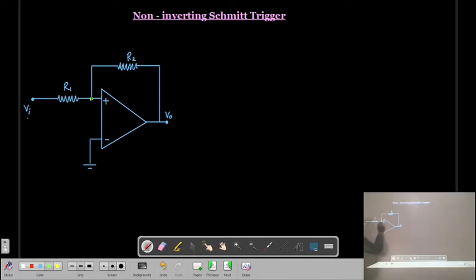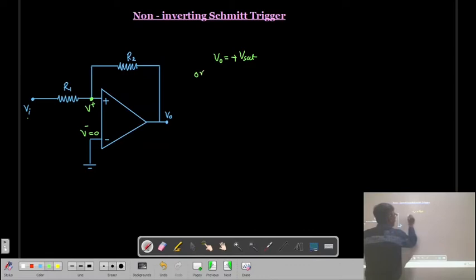So here we have this voltage, let us say it is V1, or we can say the feedback voltage Vn. Okay, instead of that I will write it is V plus, and this voltage is V minus, and it is connected to the ground, so the V minus is always 0. Now this output voltage will be either in a plus V saturation or in a minus V saturation.